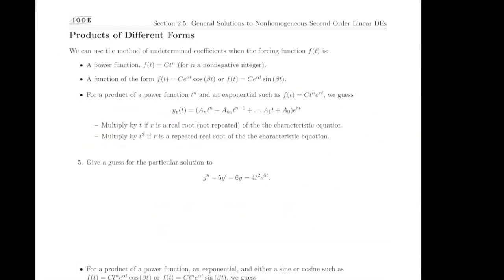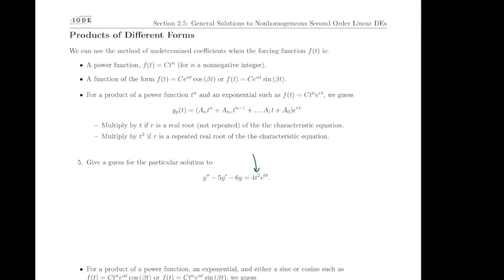Okay, so last ones that I want to take a look at. We talked about what happens when we take a sum of two different forcing functions: we come up with each of the particular guesses separately, and then we sum them together. When we have a product, and maybe this is very similar to the one that we skipped for the moment on the previous worksheet, if we have something like this, where I have a product of a power function t squared and an e to the 6t.